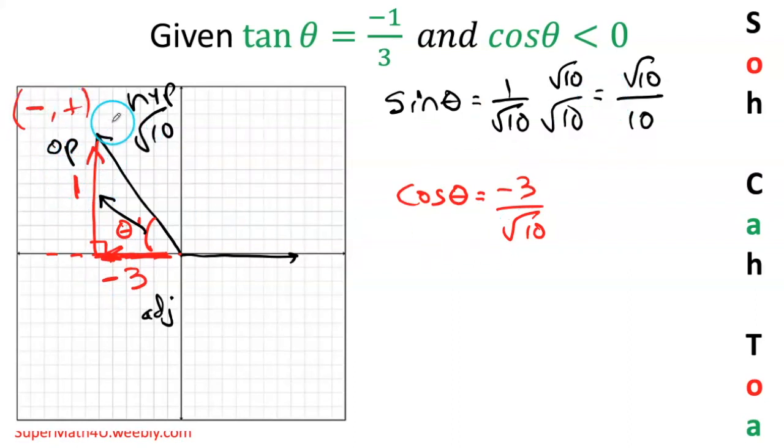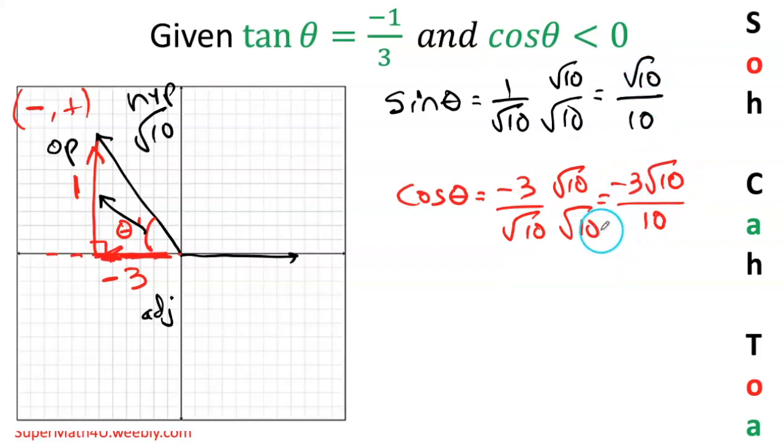So as you can see, my sine is positive and my cosine is giving me negative. So once you identify the positive and negative on the triangle, you use them from now on. Right. Rationalize the denominator. The top, negative 3 square root of 10. The radical cancels, and my answer on the bottom is 10. Nothing that I can simplify, so that's your final answer.